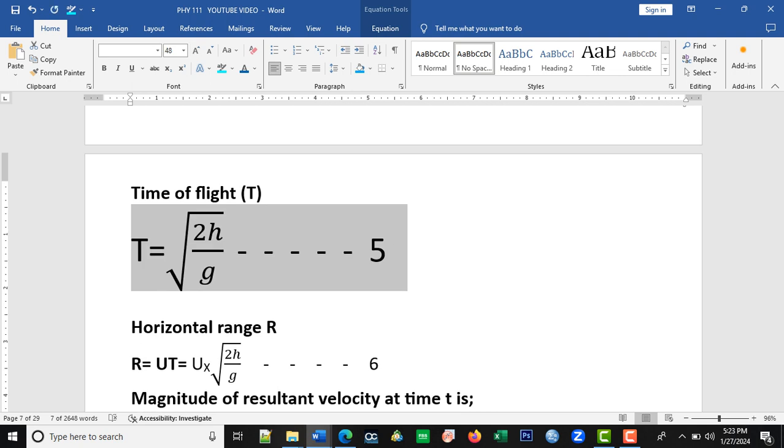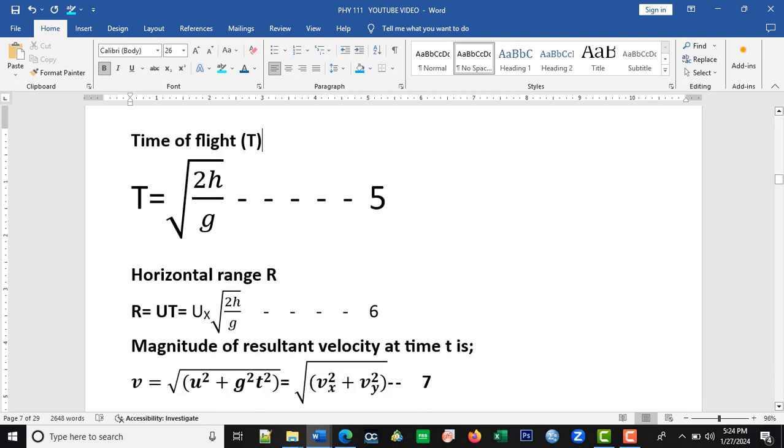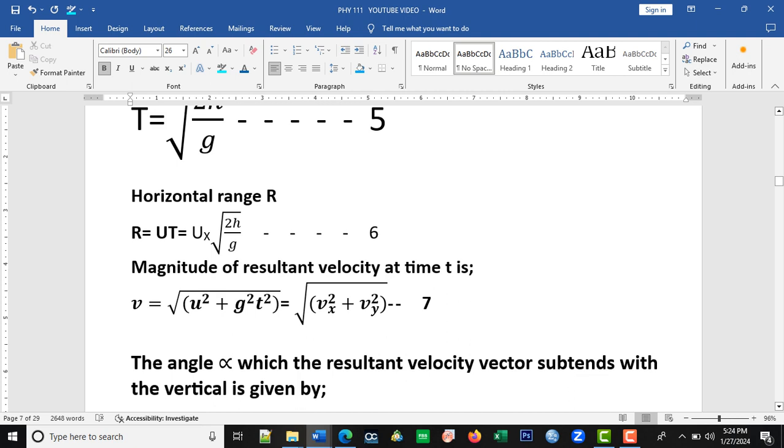The acceleration due to gravity most of the time could be assumed to be 10 meters per second squared or 9.8 meters per second squared, depending on what the material or the textbook you are using is considering.